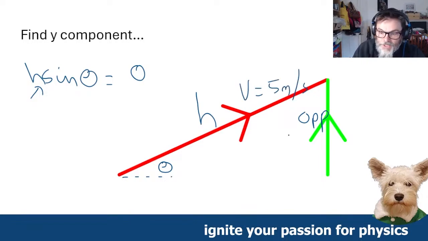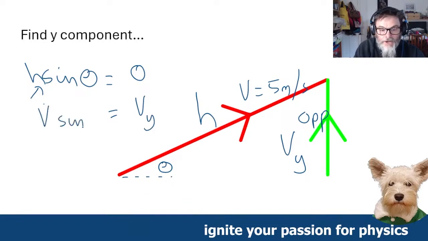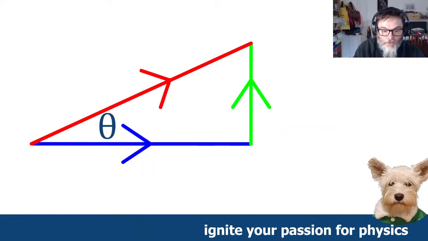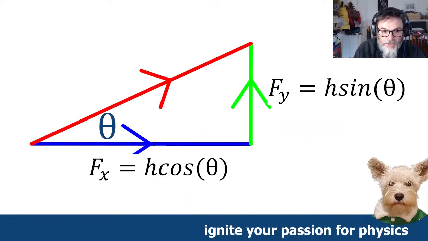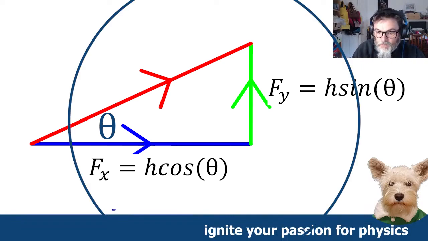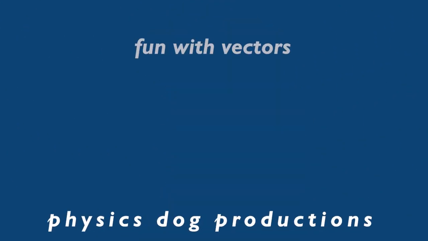So therefore, that means that the velocity in the y direction, which is our opposite, is going to be v sine theta. We've effectively written out the two formulas that will give you your x and y components.